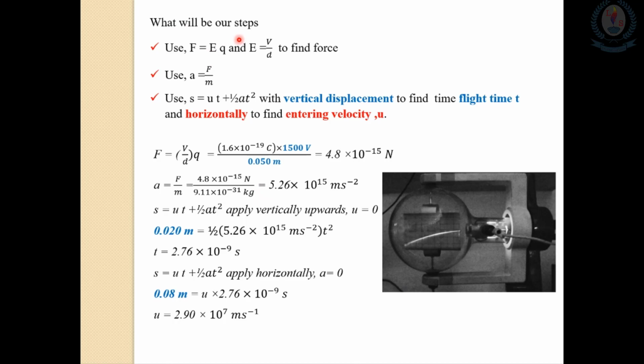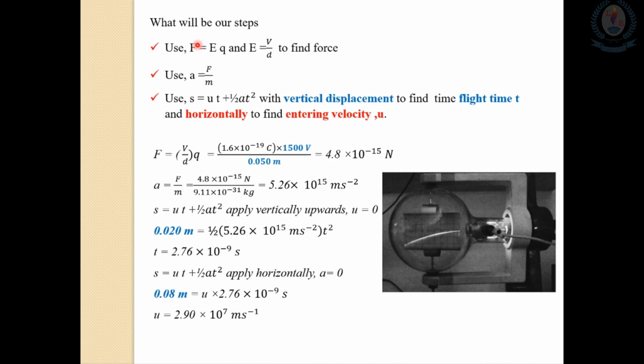Now to calculate the entering velocity, that is the initial horizontal velocity with which the electron beams enter, these are our working steps. First, F equals EQ and E equals V over D to find the force. V over D, this information is given, potential difference between plates and separation given. When we have E and the charge is also given, we can find the force.